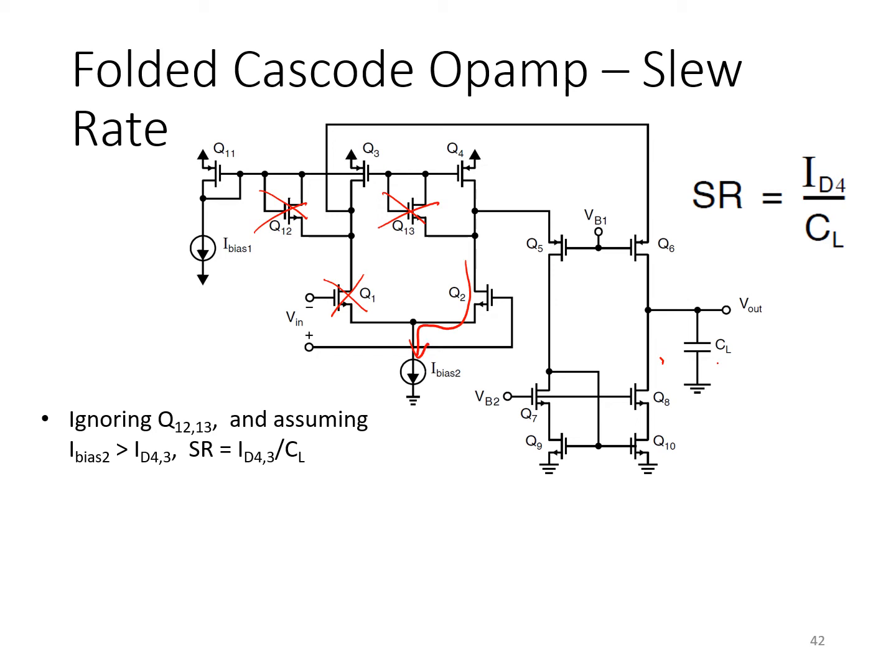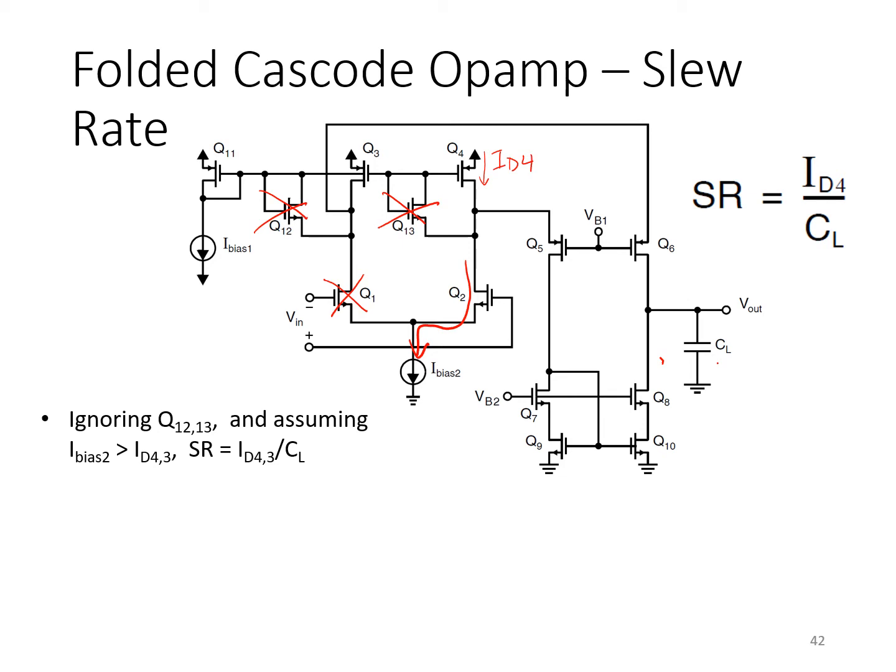Now there's two possibilities we need to consider. One is that I bias 2 is greater than the bias current ID4, which is the same as the bias current at ID3.